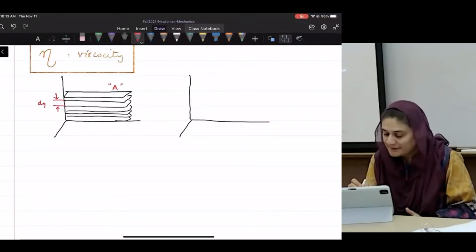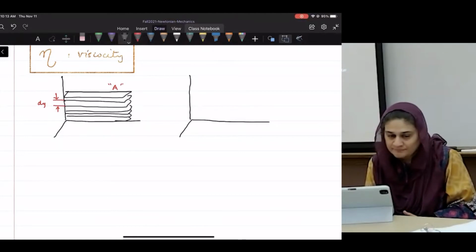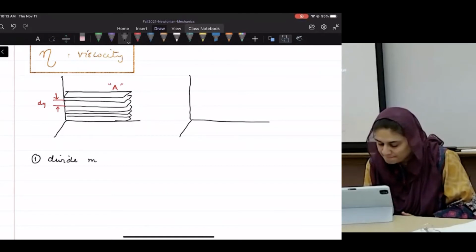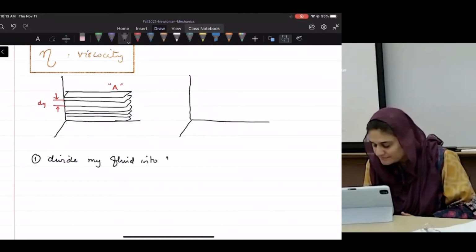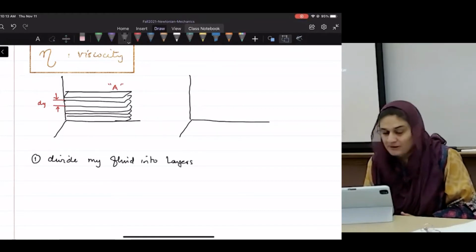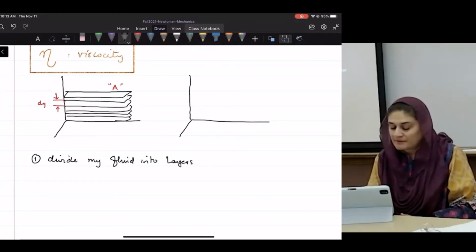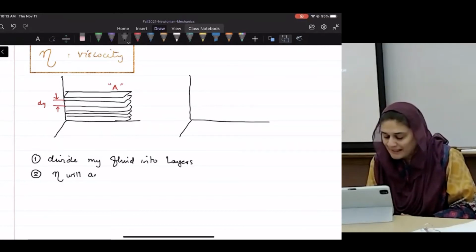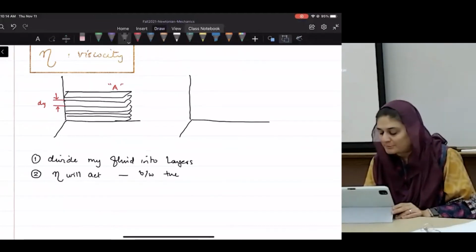So I am claiming, number one, I am going to divide my fluid into layers. And number two, I am claiming that viscosity will act between the plates.